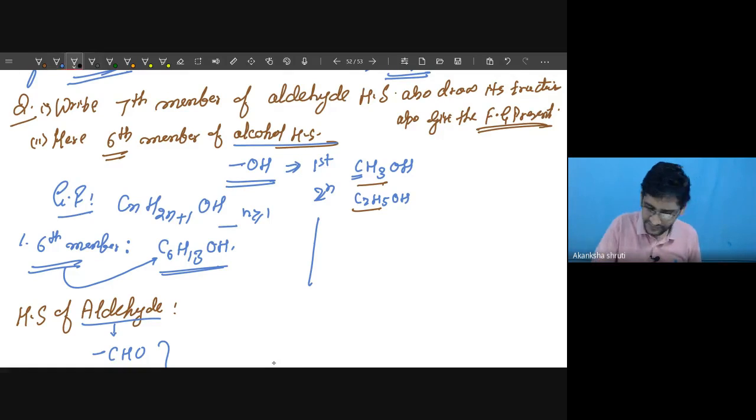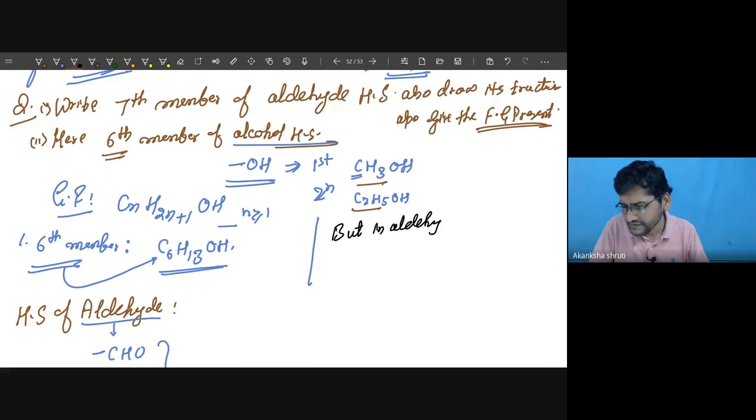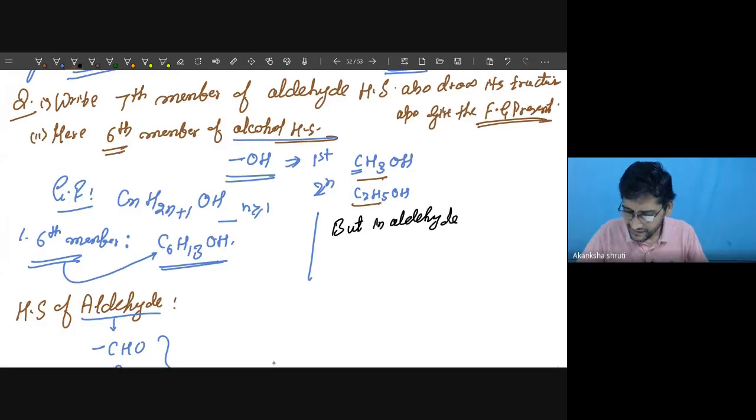But right here in the same question, for aldehyde, the general formula is CnH2n+1CHO with n greater than or equal to 0.